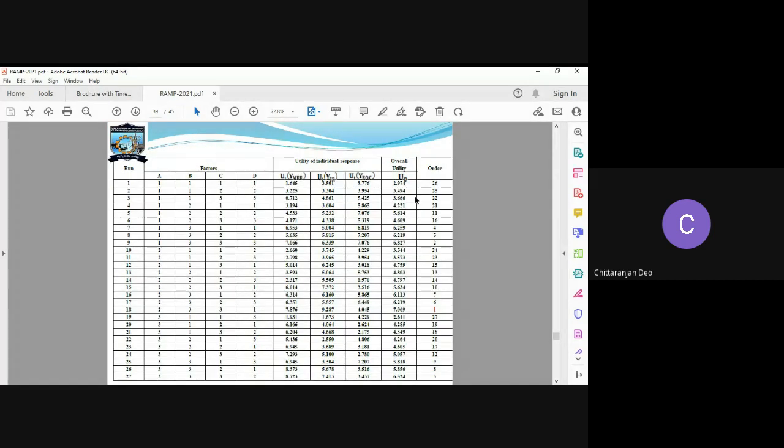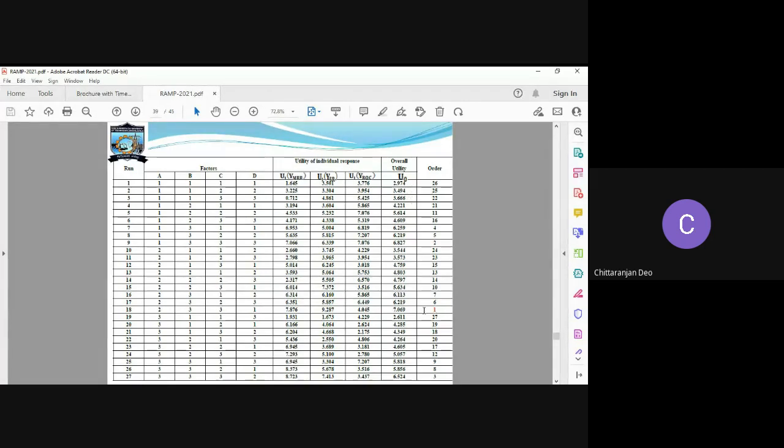Then we calculate the overall utility value. By observing this overall utility value, we rank the experimental runs according to the value of overall utility.